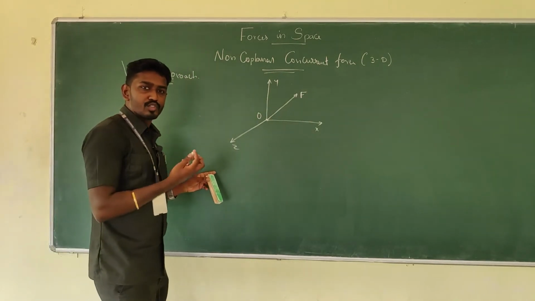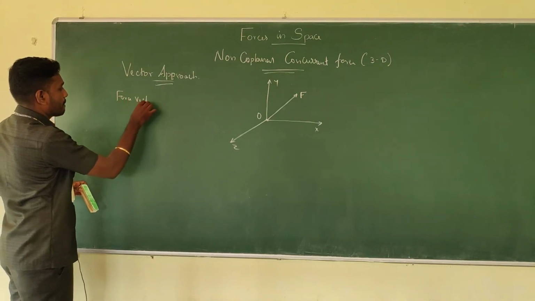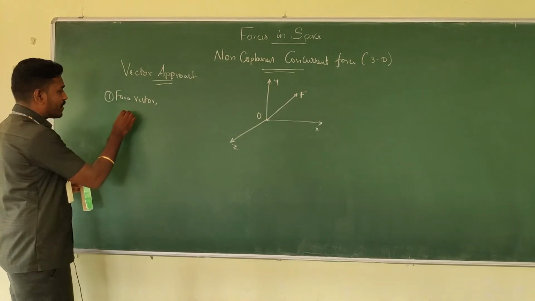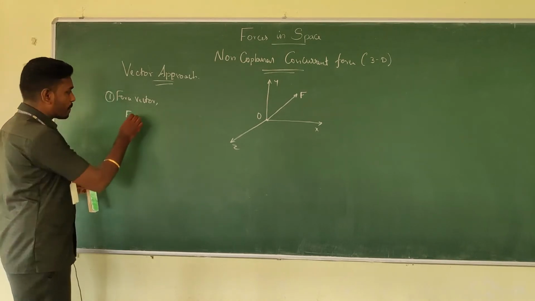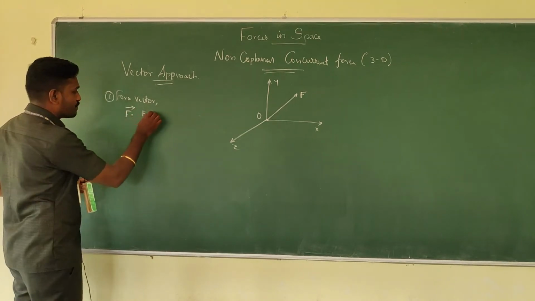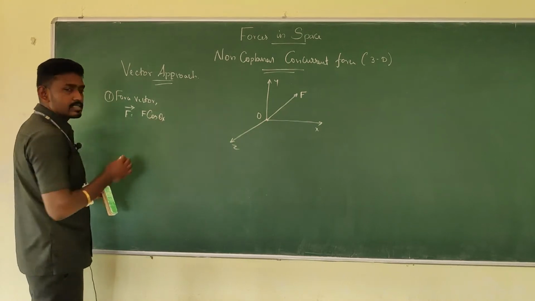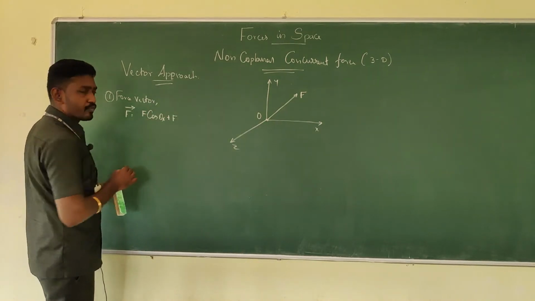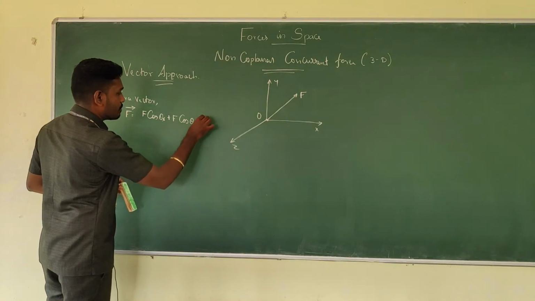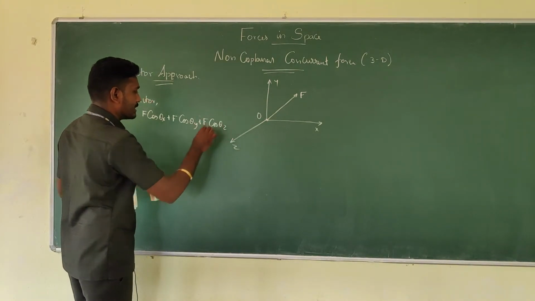If I want to give the force vector, I can define it as F vector is equal to magnitude of F into cos theta x plus magnitude of force into cos theta y plus magnitude of force into cos theta z.